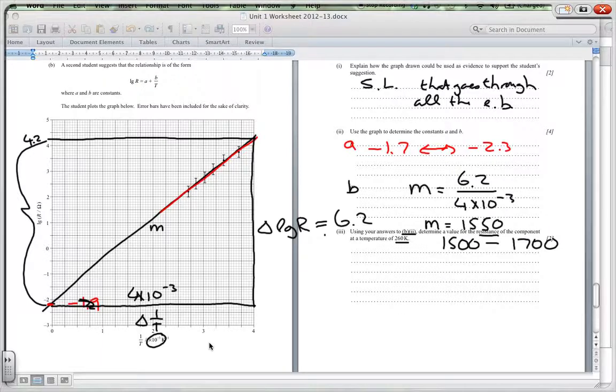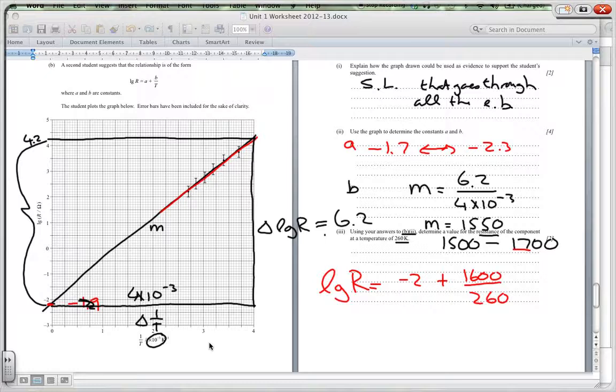We're going to use the log of R is equal to a, but we've said a was in this range over here, so let's just say it's about minus 2, and then it's plus my value for b, we worked it out to be about 1550. It's in between here, so I'm going to put 1600 just to work this out, and my temperature is 260. So I work that out.